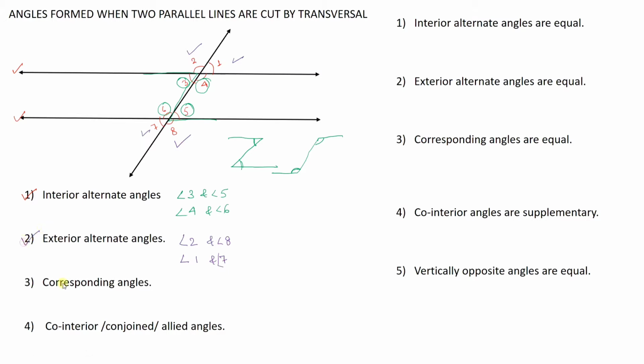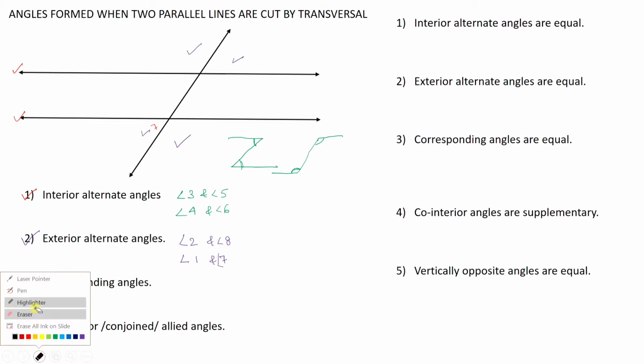Next one is corresponding angles. Just a minute. If I erase all these things, okay, corresponding angles means, if this was 1, this was 2, this was 3, this was 4, 5, 6, 7 and 8.